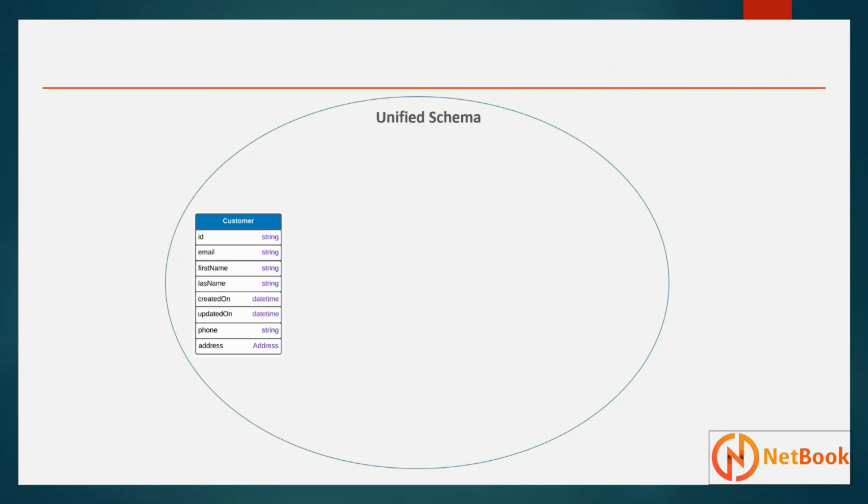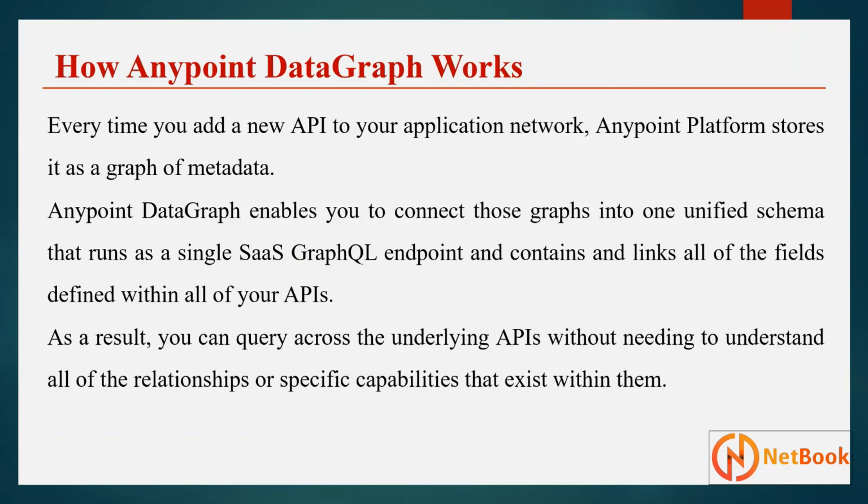I was talking about single requests, right? How exactly is the single request going to work? Internally, Data Graph uses GraphQL technology. GraphQL is a query language for APIs. It is going to use that technology within the data graph.